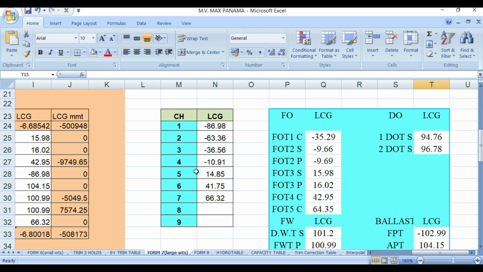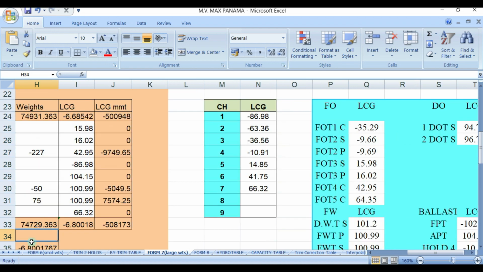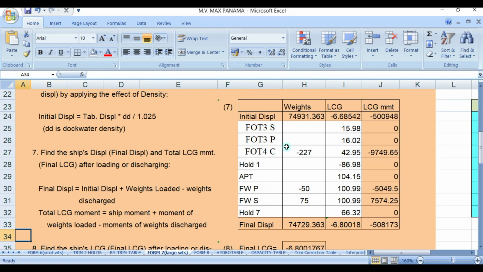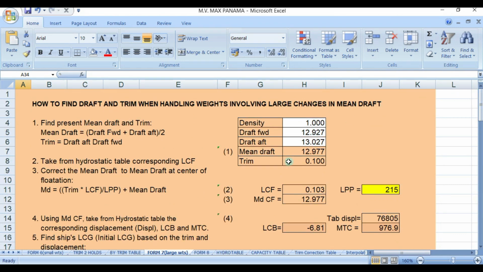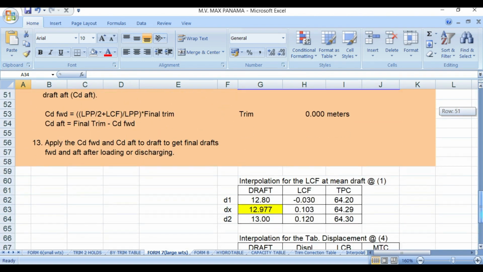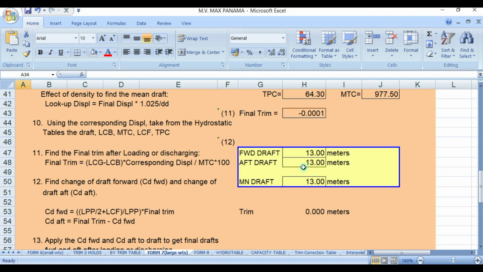This is a 7 holds vessel, what we call the Panamax. So we are going to load in Baton Rouge. This is the program that we are going to use to arrive in Panama at Even Keel of 13 meters.